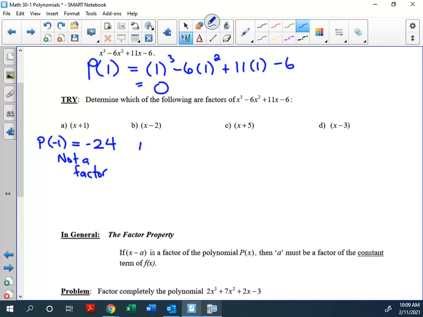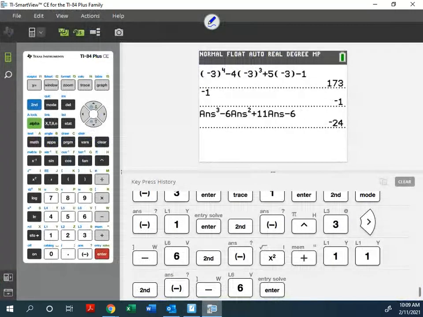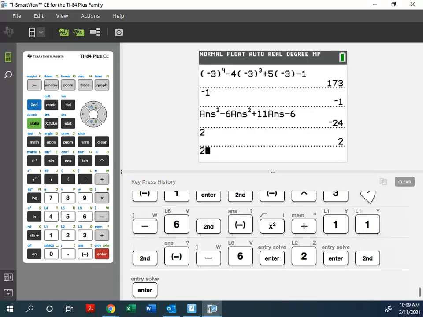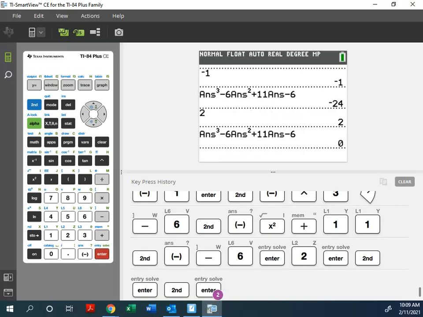So now I want to check the value of the polynomial at 2. Calculator trick: 2 is now the answer value, and I just pull up the equation again, hit enter, and it puts 2 everywhere I see the word answer.